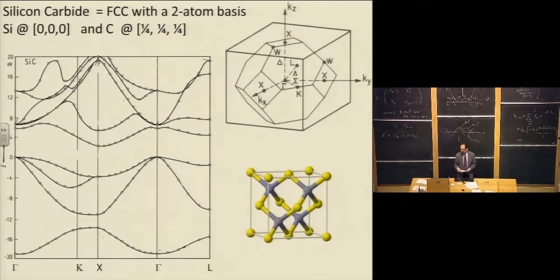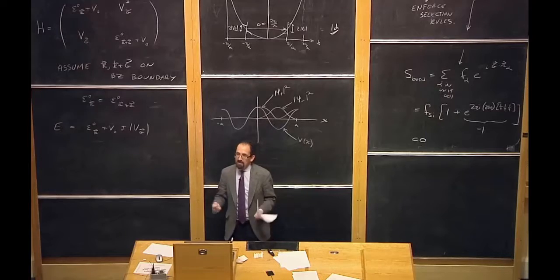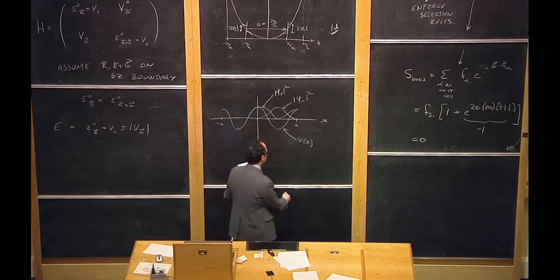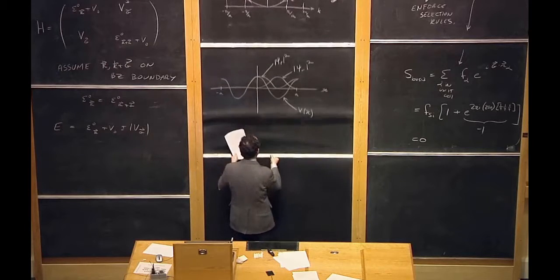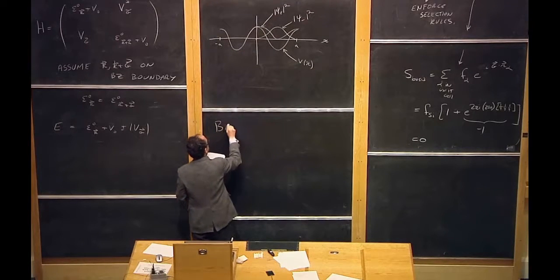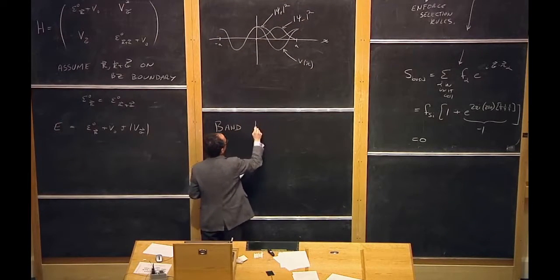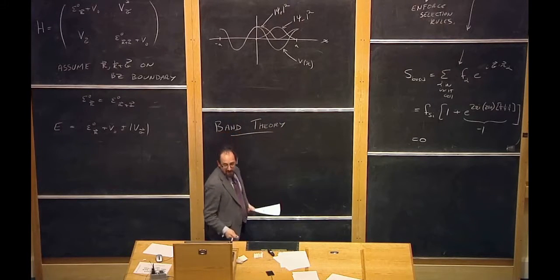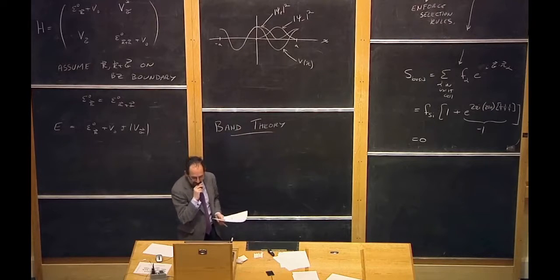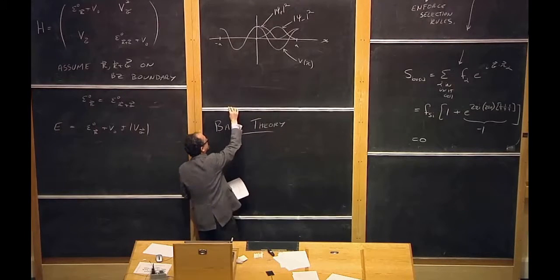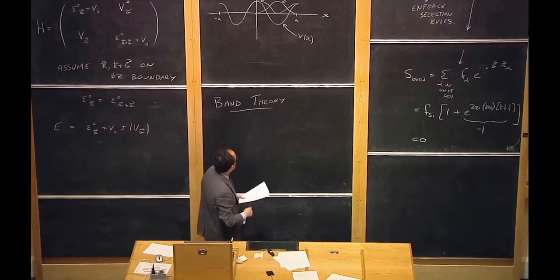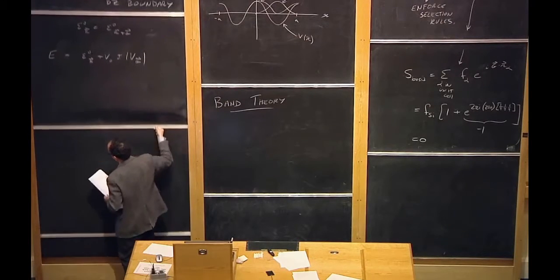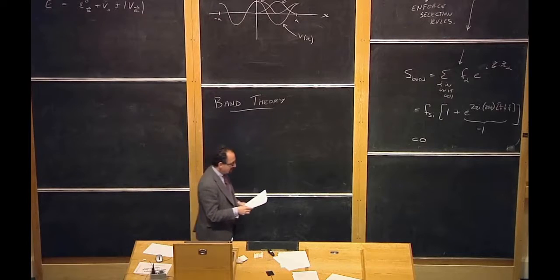So, all right. Having basically discussed everything that we need to know about the nearly free electron model, we can now move on to talking generally about band theory, band structure, band theory of electrons. So these complicated pictures, here's silicon carbide again, with its complicated picture of all its eigenstates at every K. We started talking about band theory when we talked about the tight binding model.